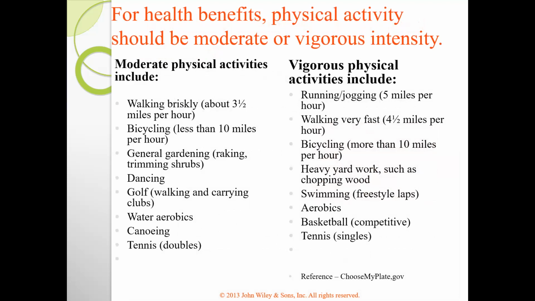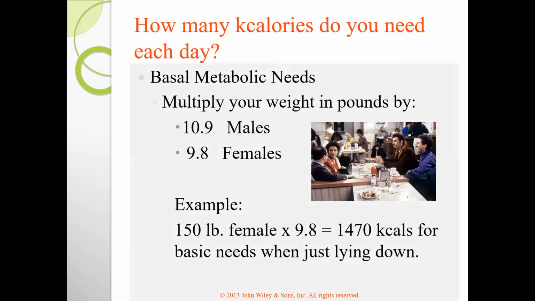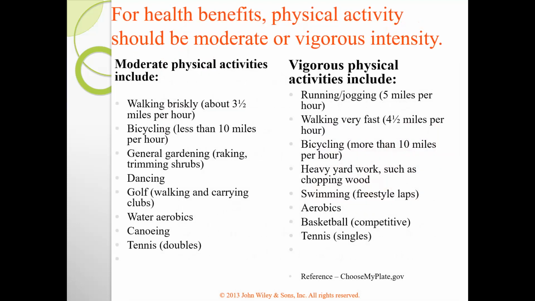If you were wanting to factor in extra activities, then you would multiply, I'm going to go back a second, you would multiply 1,470 calories by an additional factor. And we would choose that based on what kind of physical activities.